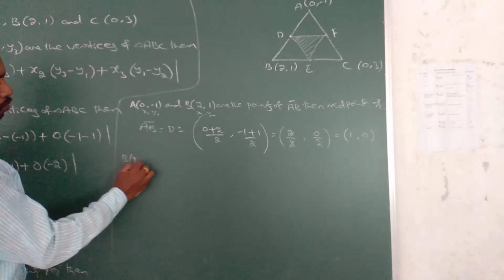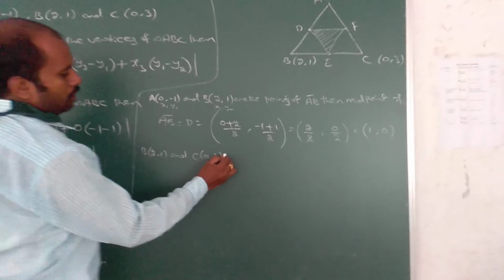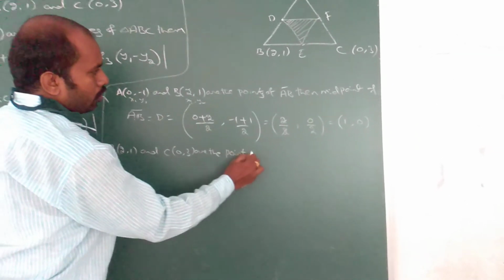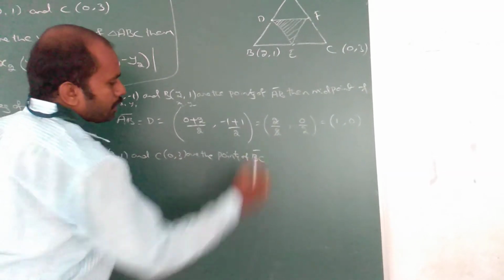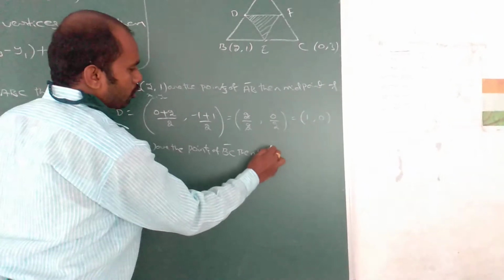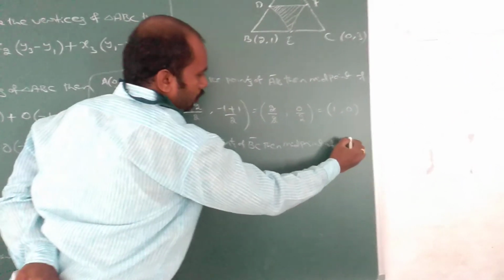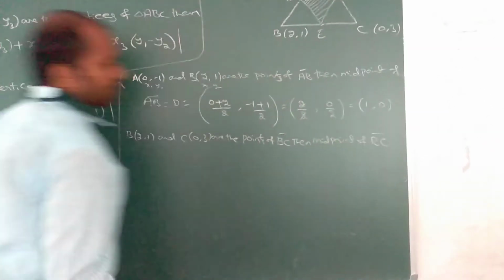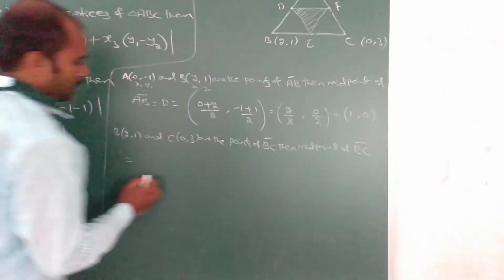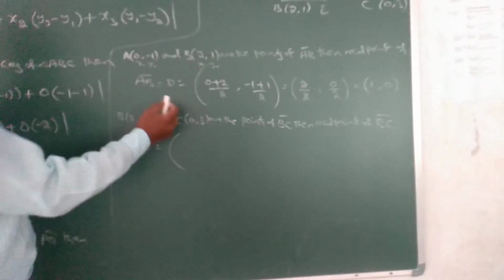B means how much? 2, 1. And C, how much? 0, 3 are the points of line segment BC. Then the midpoint of BC, the name you can take, that is E, is equal to, substituting the formula, x1 plus x2.